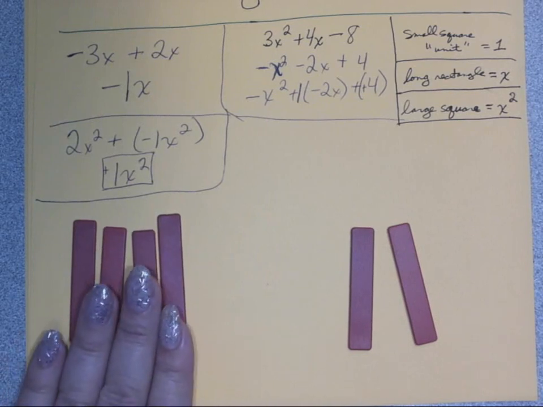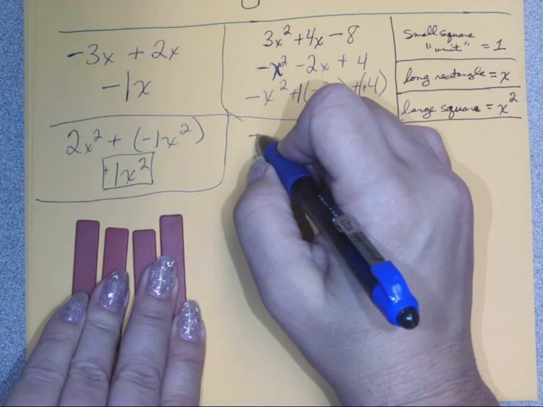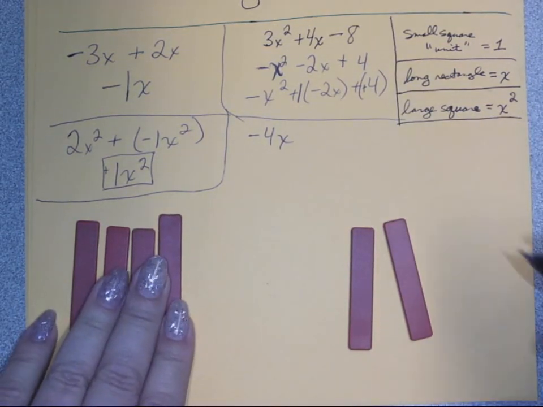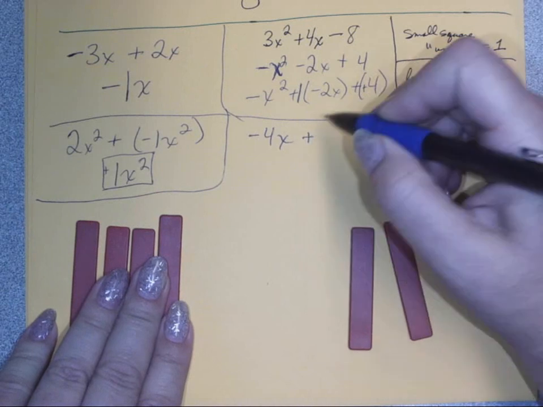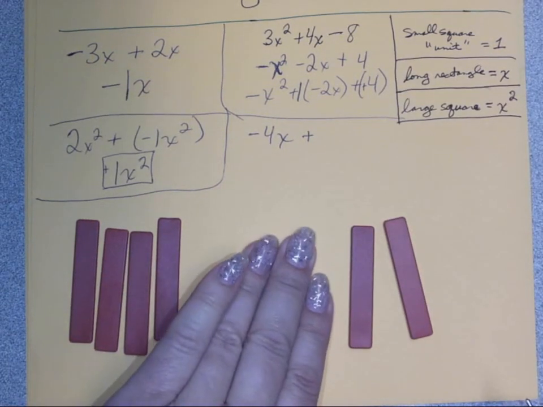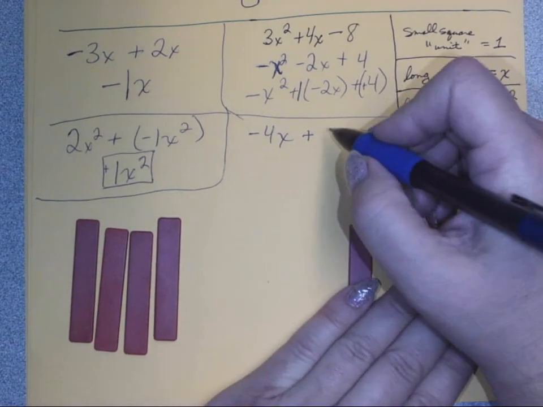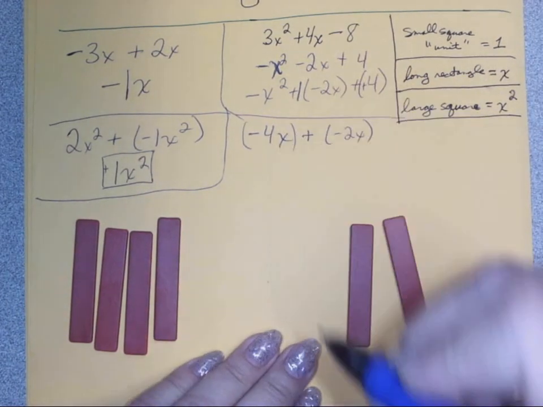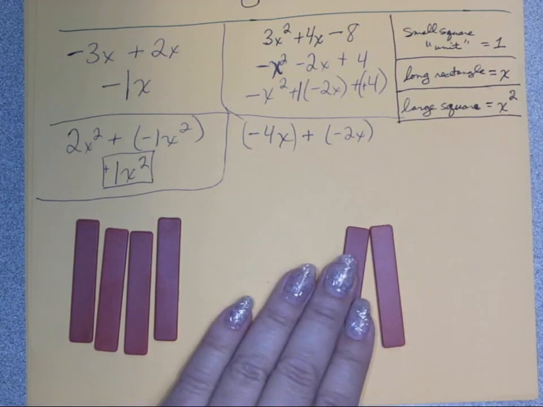Over here, this group is negative 4x. Everybody agree? And then I added to it, in addition, I put down another negative 2x. And if you like extra parentheses, you can put extra parentheses, it doesn't matter.